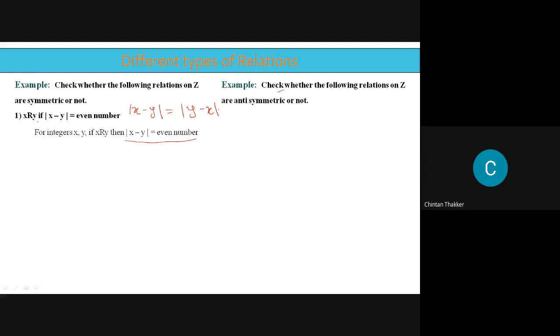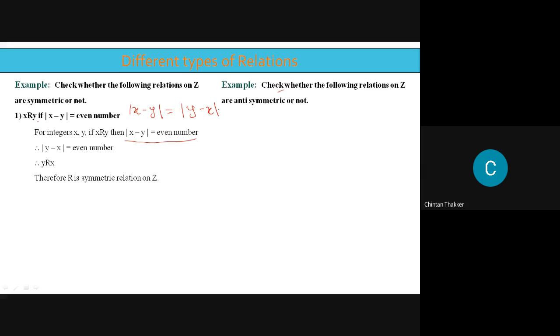So mod of x minus y is an even number, so mod of y minus x is also an even number. So that means y is related to x. So this relation is a symmetric relation.